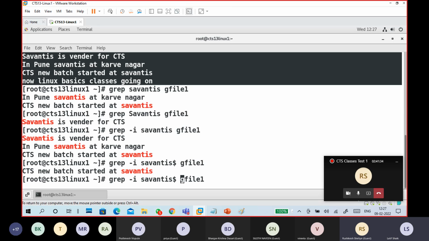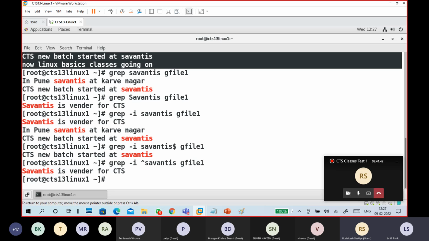The next one is caret. The caret is like this: caret Savantis. It means if any line has the keyword at the start of the line, display those lines. If the pattern is at the start of the line, display that line.